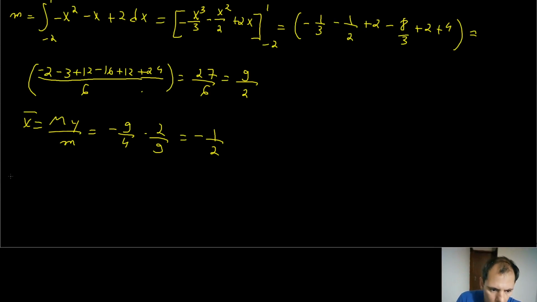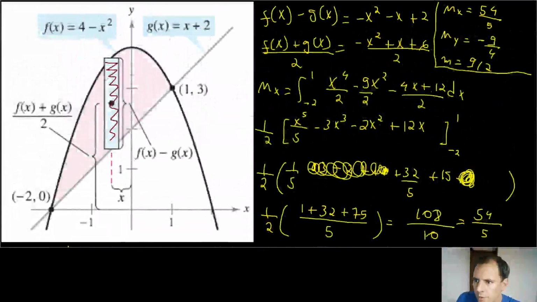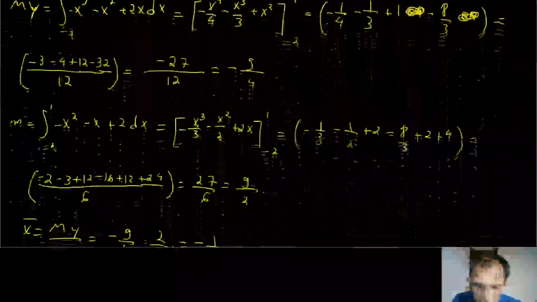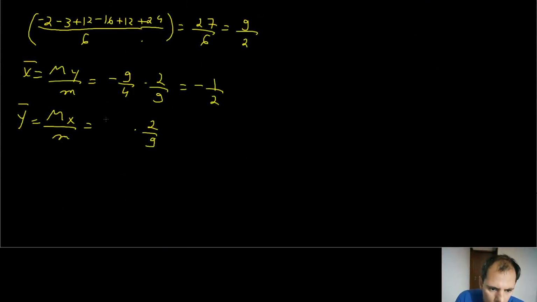Yeah. The y bar is going to be the moment about the x-axis divided by m. So this is going to be 2/9. And here the mx, right? Yeah, mx, hold on, 54/5, I guess. (54/5).